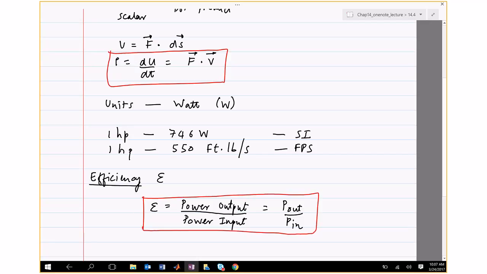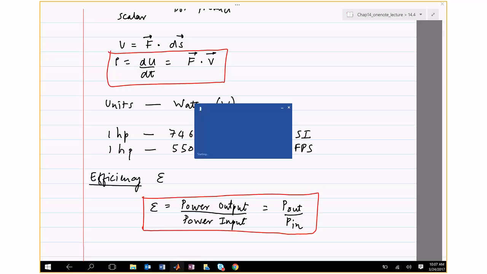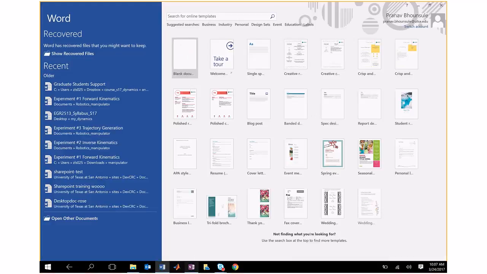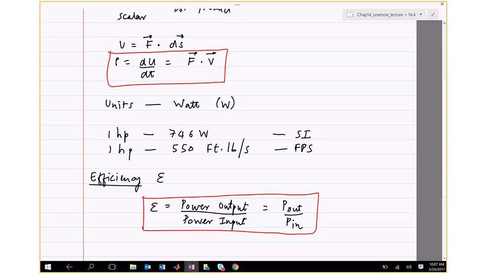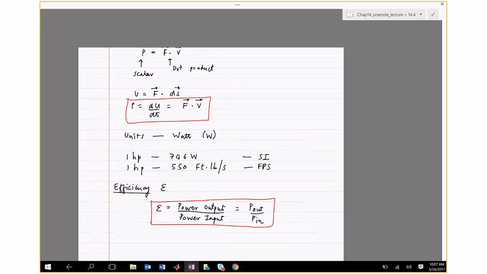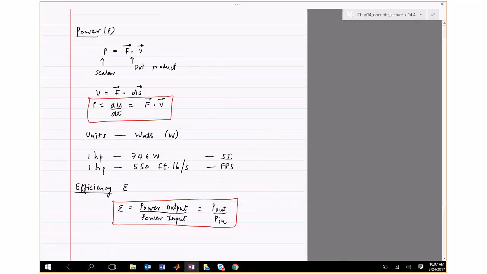Efficiency is always less than or equal to 1, because if it was greater than 1, it would not be a realistic world; you cannot have the output power more than the input power for a particular system. The reason the output power differs from the input power is inefficiencies in the system, like friction, drag, and so on. So let's use this and what we learned last time and solve some problems.